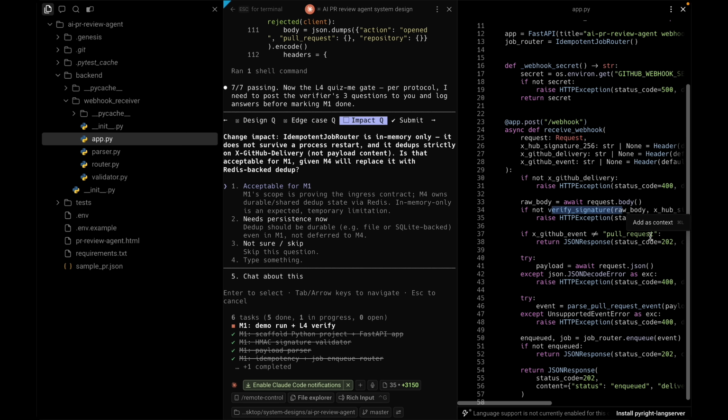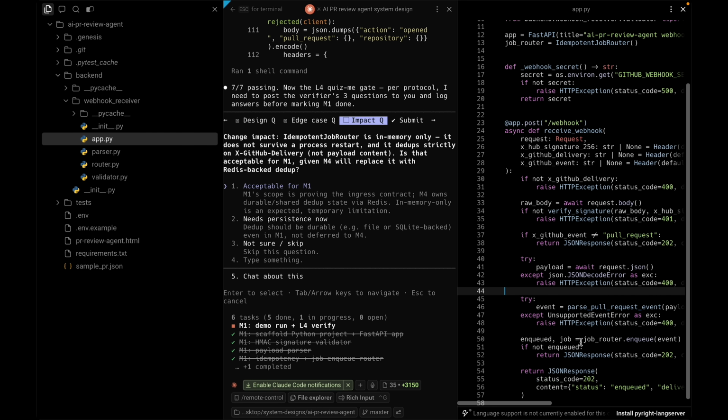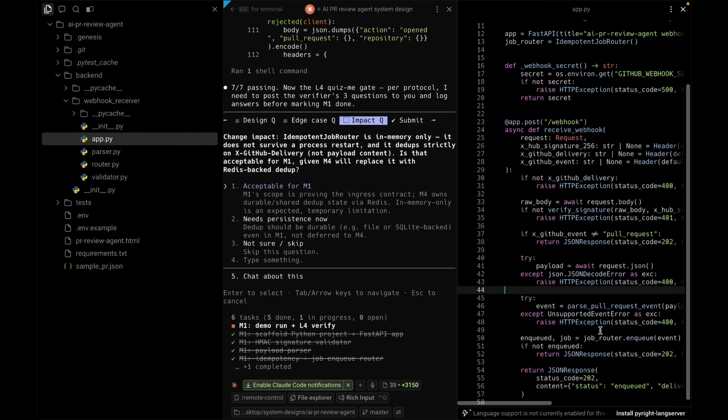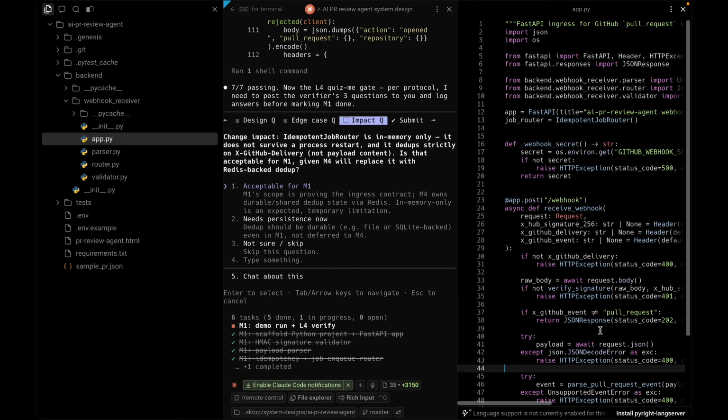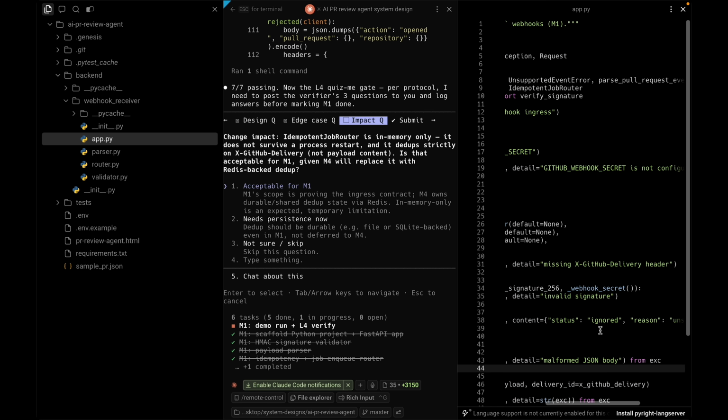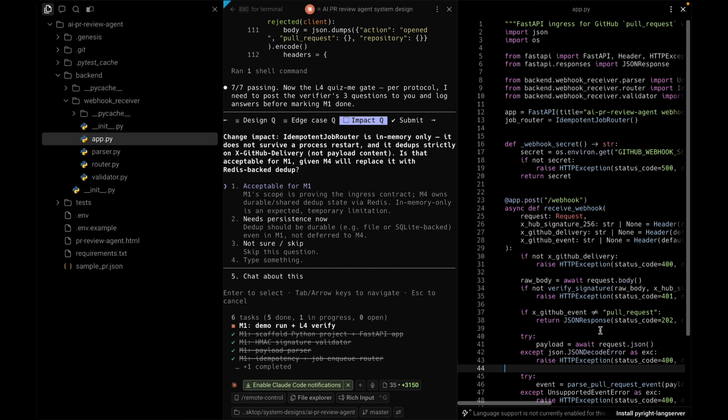If the GitHub request is not something I want, you reject it. You get the JSON, parse the pull request into the required format, and then queue that into a job router. Right now, it's all right. In M4, we'll queue that into our most favorite Redis.